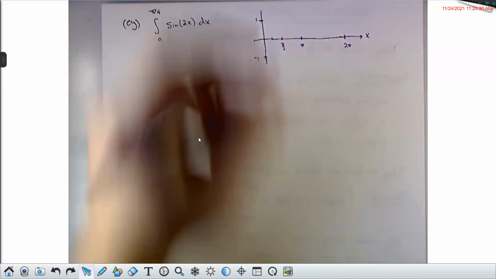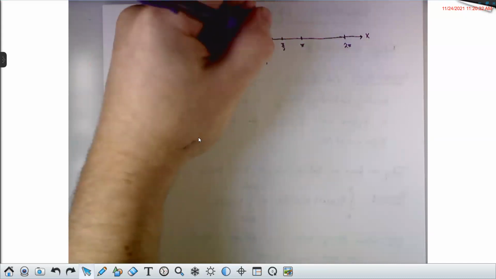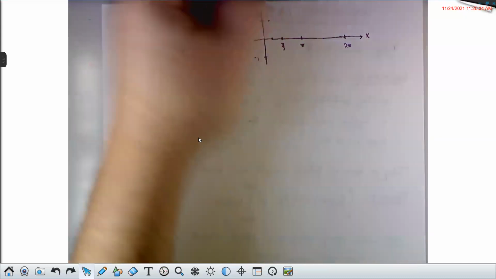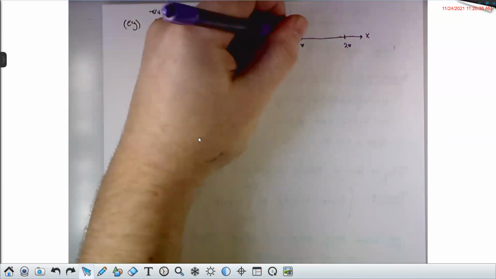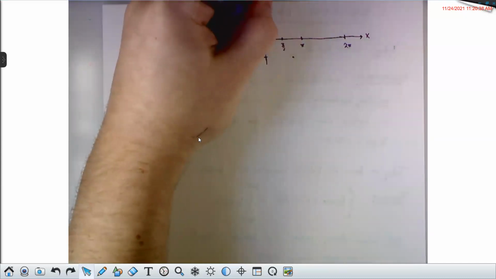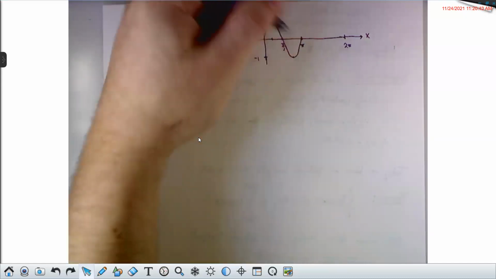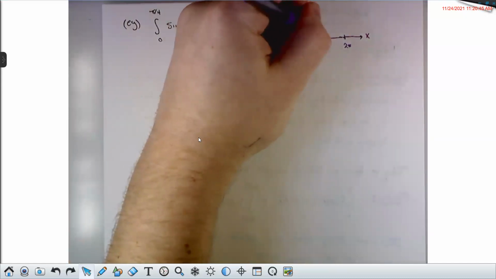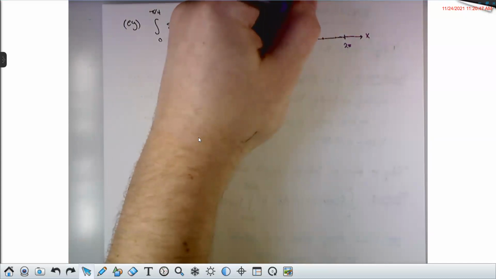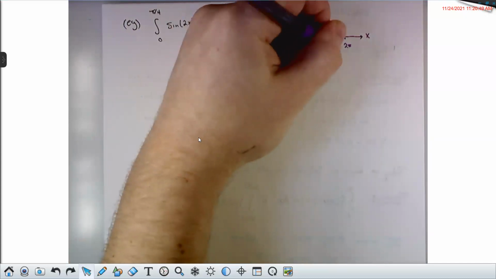So that means we're going to run through a full cycle just between 0 and pi, and then another full cycle from pi to 2 pi.